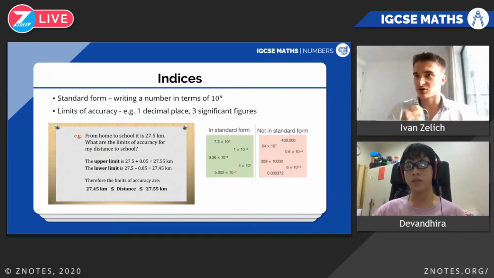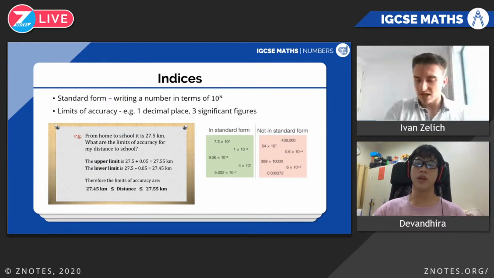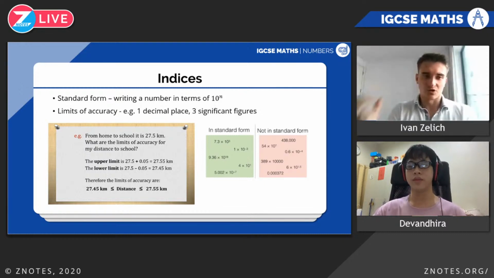So if your height was 179 centimeters, and you divide it by 3, you get 59.66667 or something like that. The degree of accuracy is still going to be in centimeters. It's not going to have those decimal points, because your ruler can't measure that specifically.